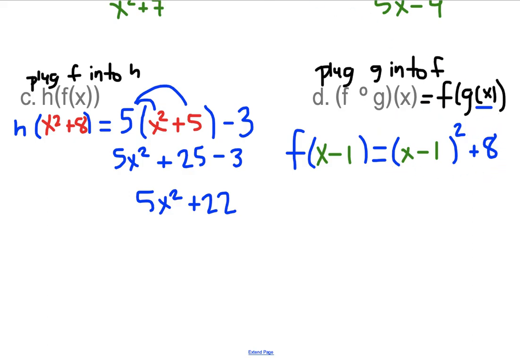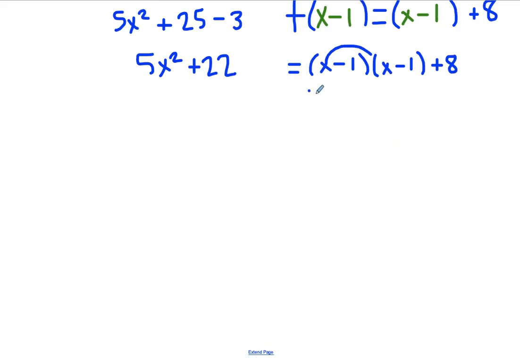Now, let's continue by simplifying. This one's a little more complicated because I have an x minus 1 squared, which is the same thing as x minus 1 times x minus 1. So we need to double distribute here. Then add the 8.